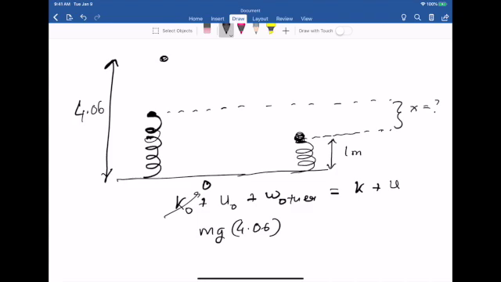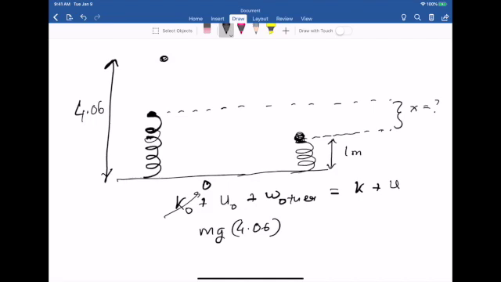So U initial is mg 4.06. Is there a W other here? Yes, because we are told that air resistance acts the entire way, the entire time that it's moving. What is the work done by air resistance? It's going to be negative work because this time the air resistance is going to point upwards.